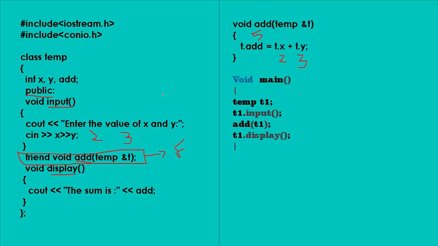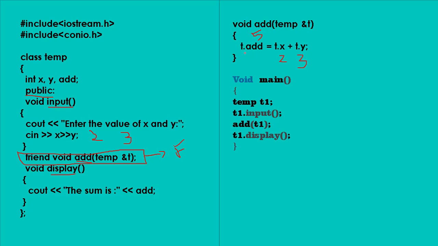See here you can see that the friend function which has been declared inside the class has the prefix friend, but when you are defining it we don't have any prefix friend, only void and add. We are also not using any scope resolution operator to access that friend function.